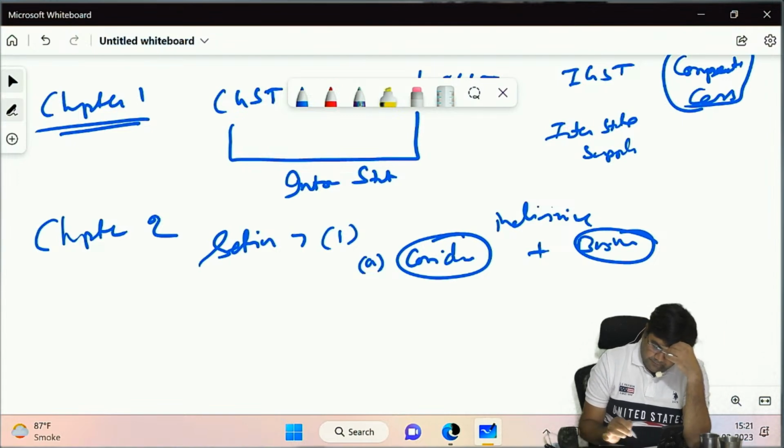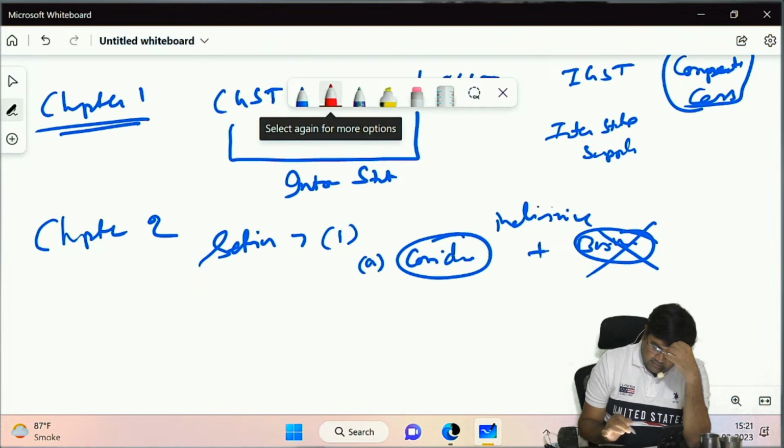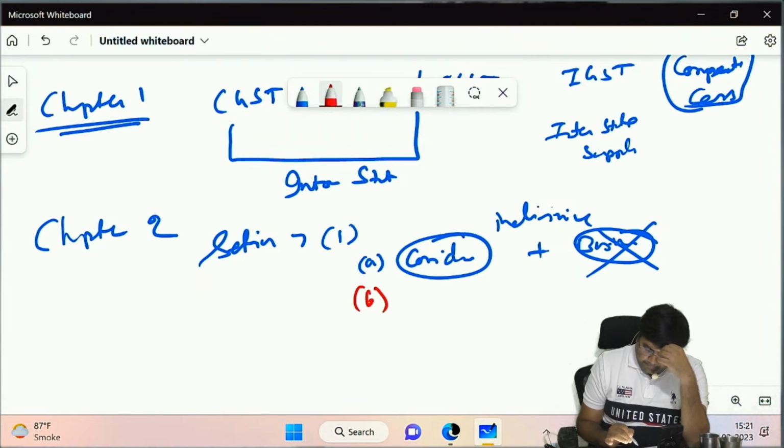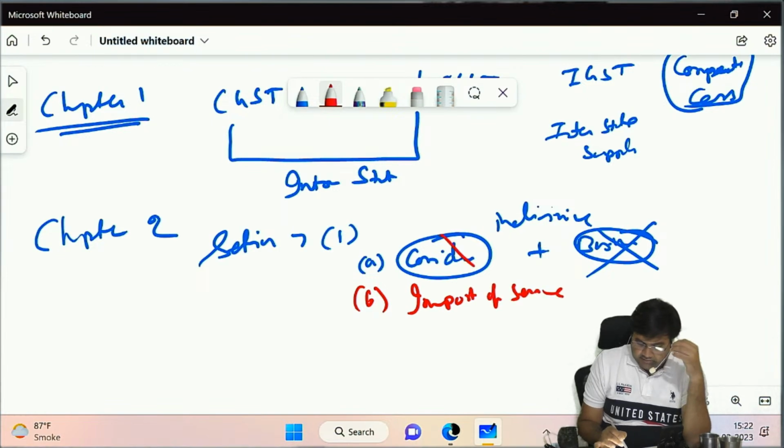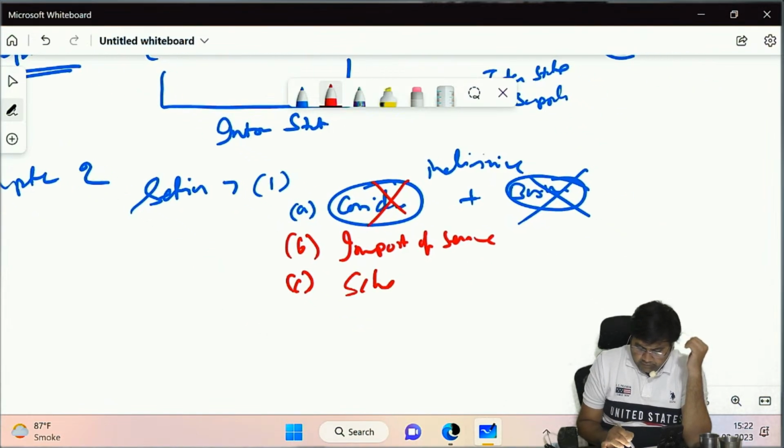If suppose business is not satisfied, so business may be there or may not be there, then you are going to jump to clause B. Clause B is basically import of services for consideration. But let's say consideration is not satisfied, then clause C. Clause C, schedule 1, there are 4 paras.